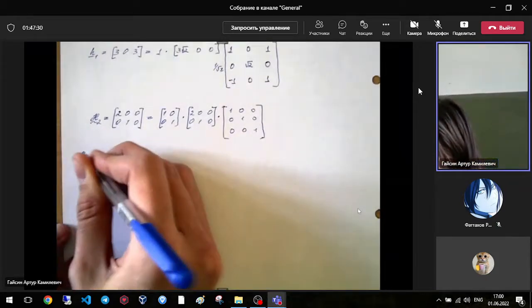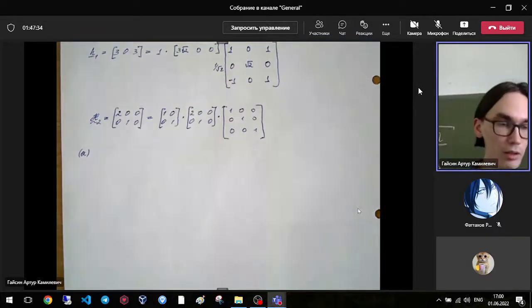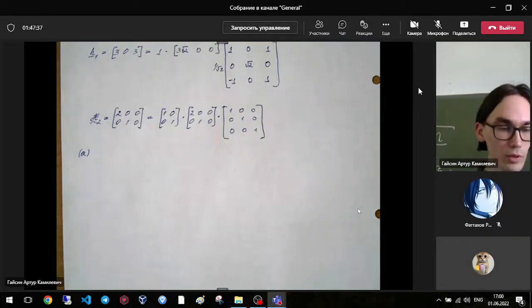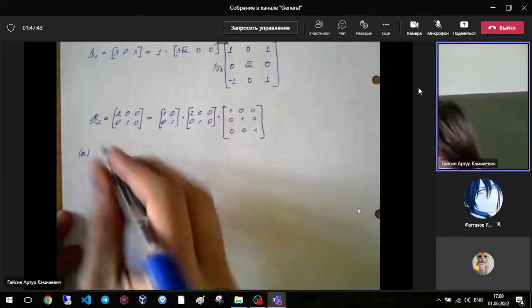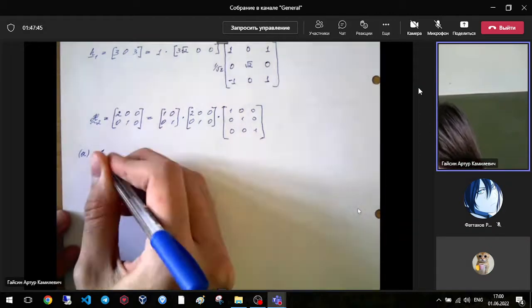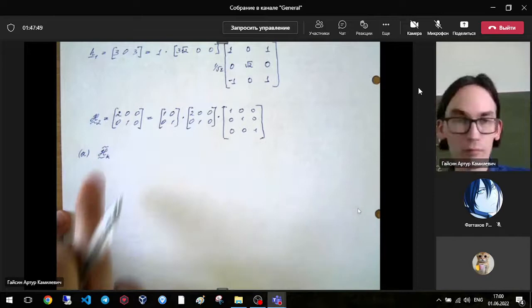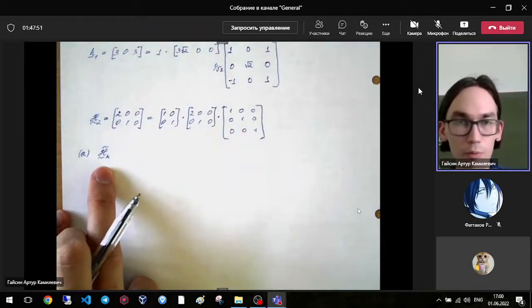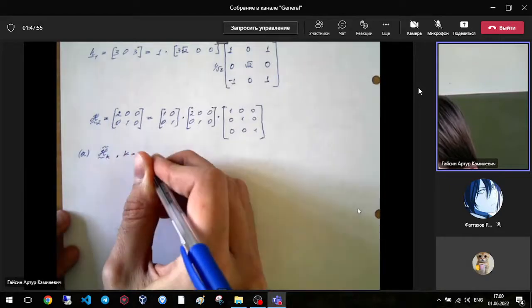For example, let's say that subtask A is how we can show the channel with tilde for the first user and the second user. So we need to write what we have for this H_k with tilde, where k goes from 1 to 2.